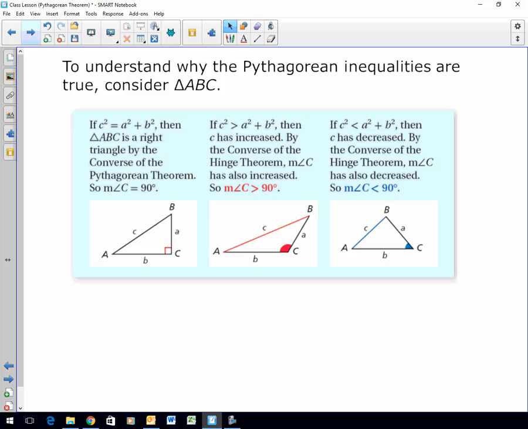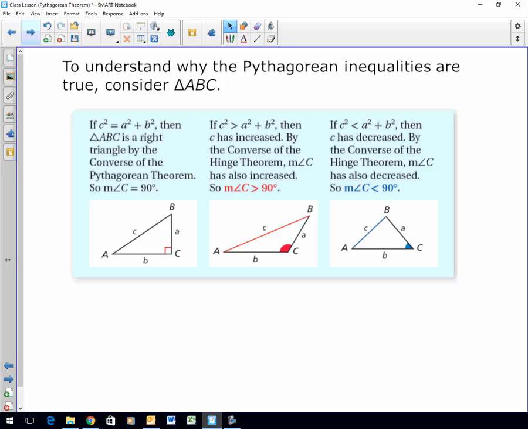Just bear with me here, okay? What does it mean for a triangle to be called a right triangle? It has a right angle. So if the Pythagorean theorem is true, I know it's a right triangle. If it's a right triangle, there has to be a right angle, right?